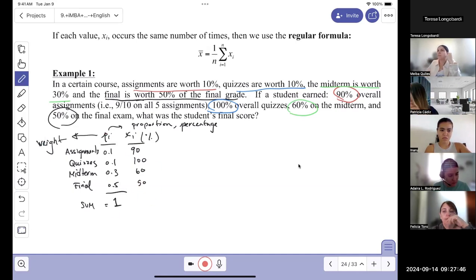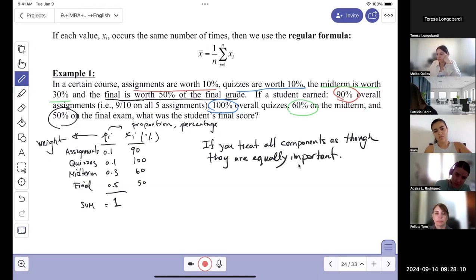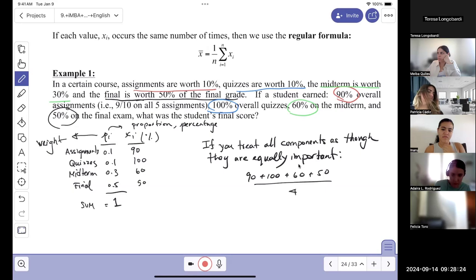Going back to what I was saying, if each component is assumed to provide the same amount of information, then you would just take 90 plus 100 plus 60 plus 50 and divide by 4.